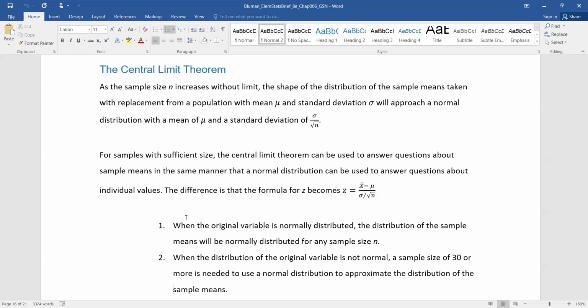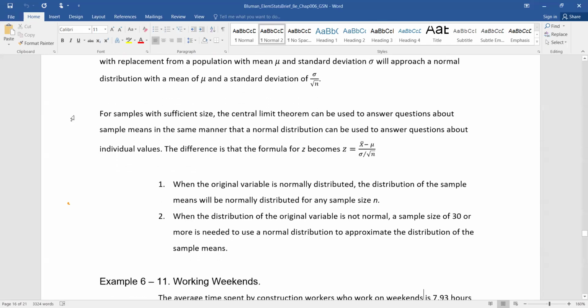And when the distribution of the original variable is not normal, a sample size of 30 or more is needed to use a normal distribution to approximate the distribution of the sample mean. Very important there: it has to be at least 30 or more on the sample size if you don't know it is already normally distributed.